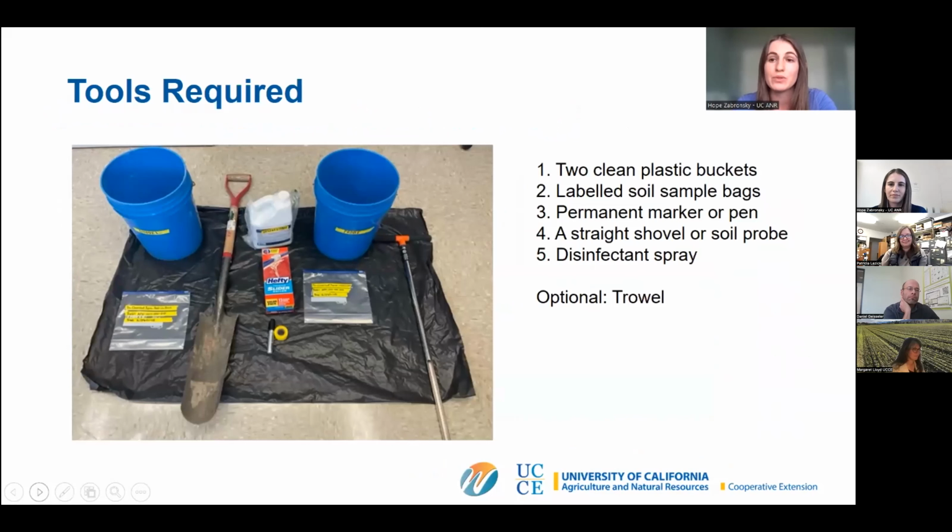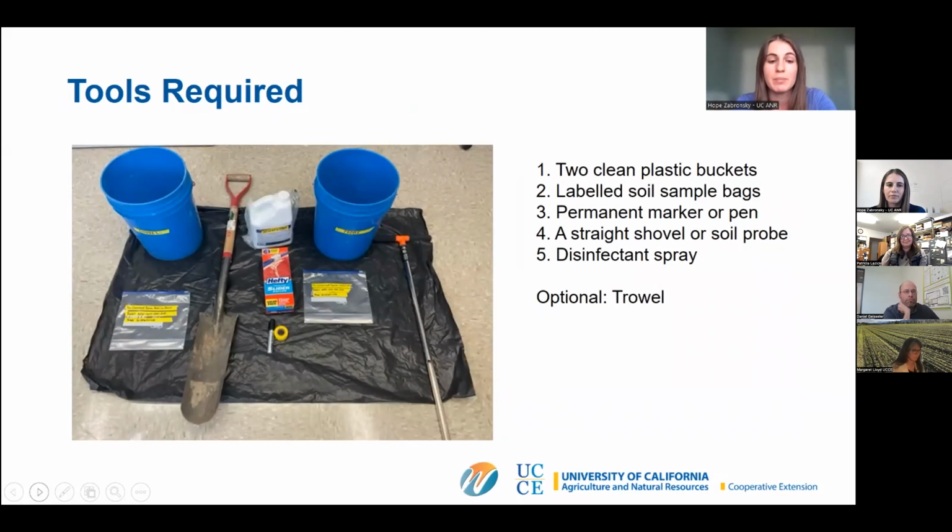Here we've just used 1-gallon freezer storage bags that have been labeled with the field, the APN, the GPS coordinates, and the address, and the grower's name, so it's identified in the lab. And then we also recommend bringing a permanent marker and tape into the field to label your samples, although you can do this ahead of time.